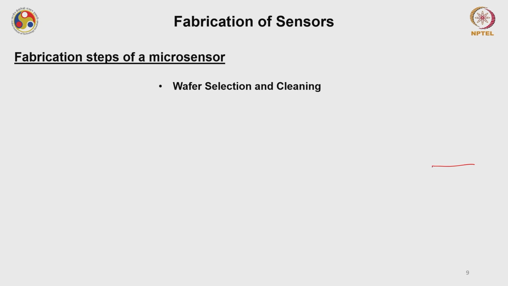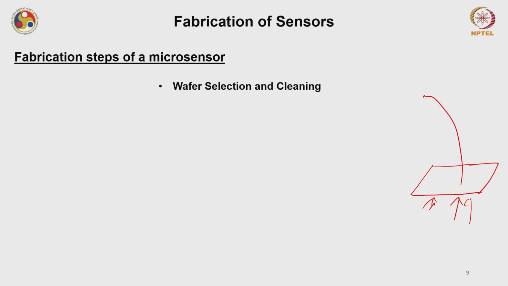Taking the same gas sensor example, I have selected one wafer. However, just selecting a wafer, your job is not complete. You should know how you have selected this wafer. Will it be compatible with the next processes that you are going to do on this wafer?